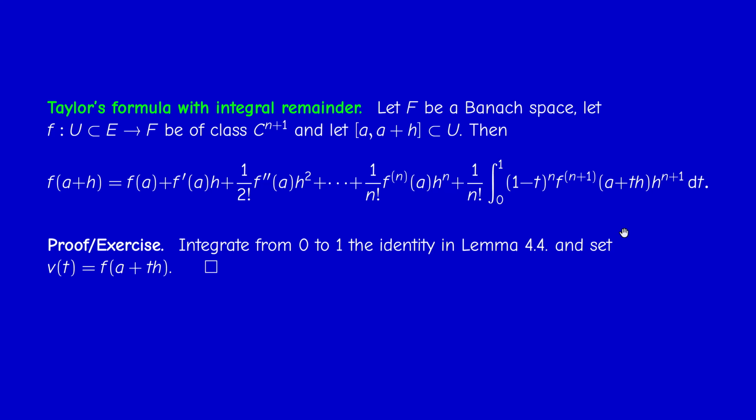And this is very easy. Just integrate the identity in lemma 4.4 from 0 to 1, and apply it to v, which is f of a plus th. But we shall not use this formula in this course.